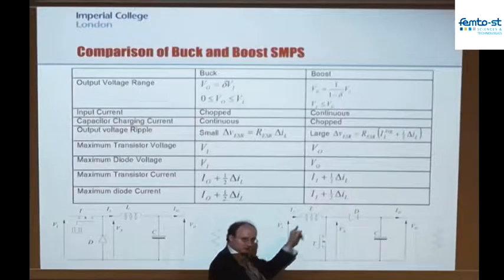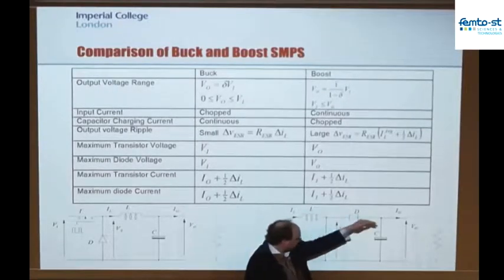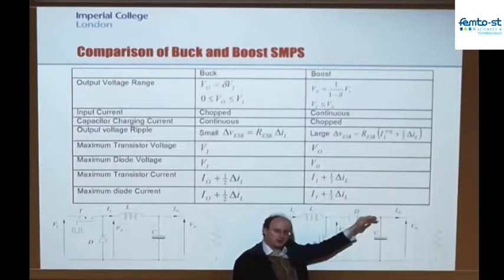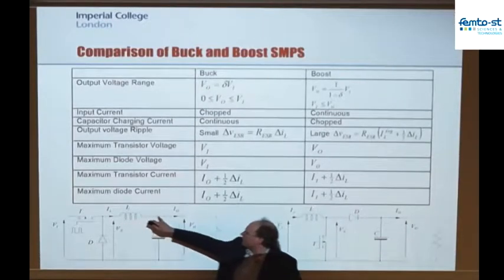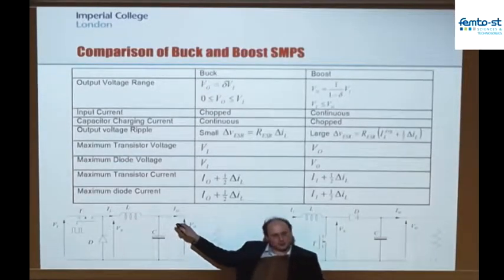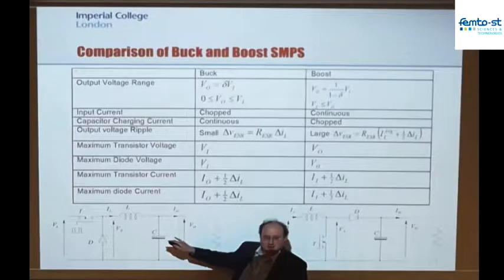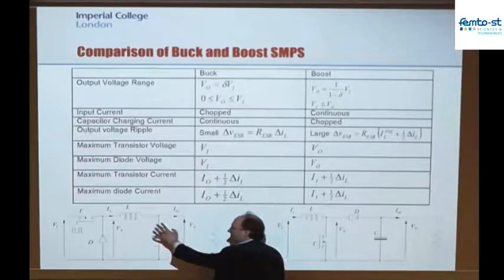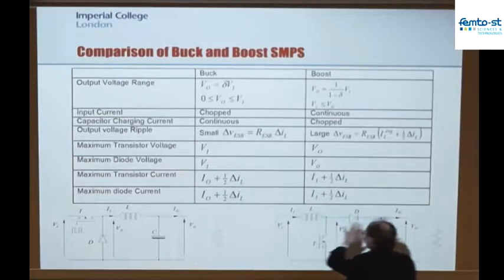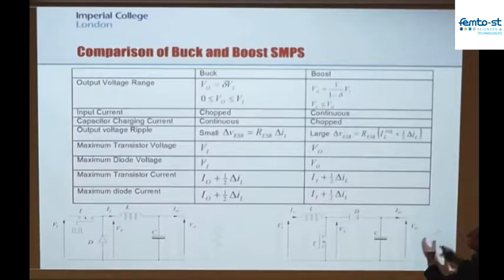Sometimes you're passing it just through the transistor. So you're putting basically chunks of energy out into the output here, whereas in the buck you're putting much smoother flows of energy into the output. And that means that for the same size of output capacitor, the buck actually has a better quality output voltage than this. So again, it depends how sensitive your load is as to how much the voltage ripple on the output is going to play a part.